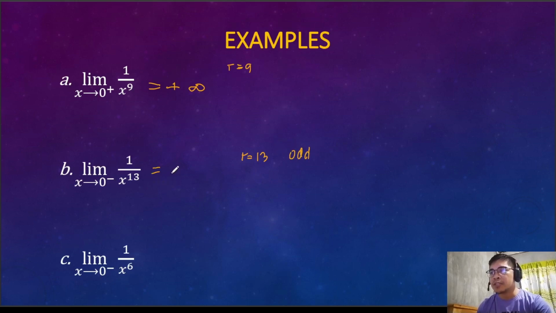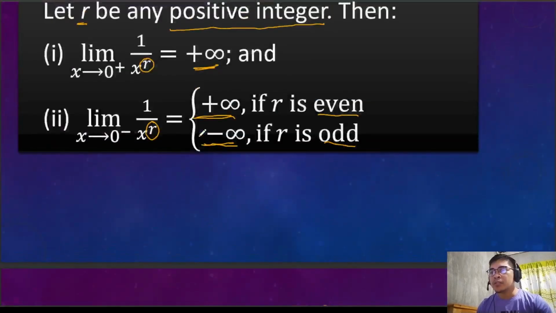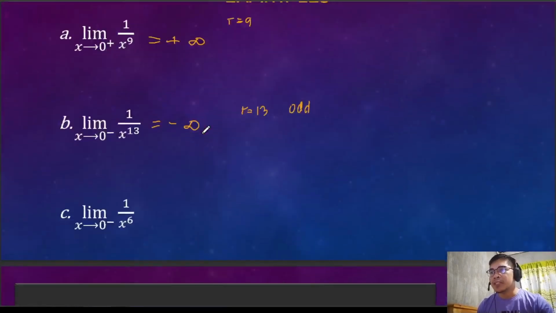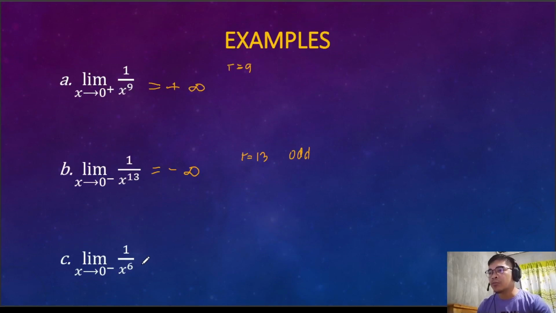So therefore, the answer is negative infinity based on this definition, that if our r is odd, we have negative infinity. Next example, limit of 1 over x to the power of 6 as x approaches 0 from the left. So our r is 6, which is even. So we have positive infinity.